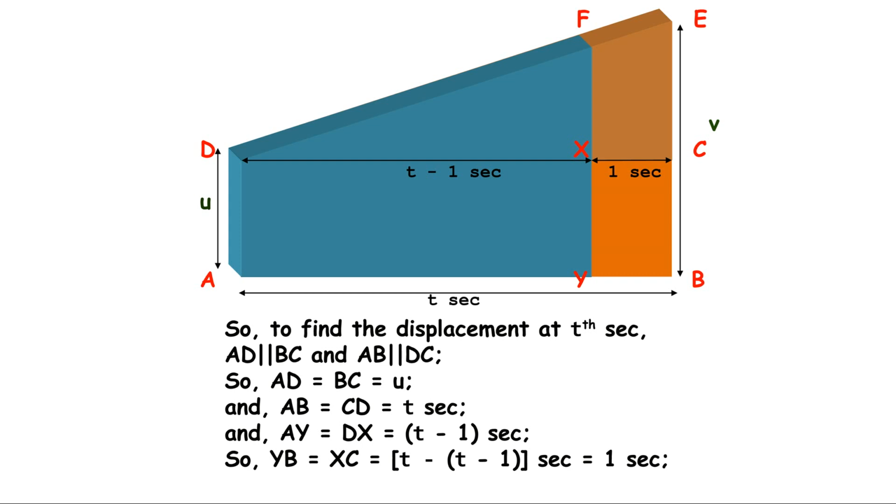We know AD parallel to YX parallel to BC, or AD parallel to YF parallel to BE, and AB parallel to DC. Again, AD equals BC equals U and AB equals CD equals T and AY equals DX equals T minus 1 second.